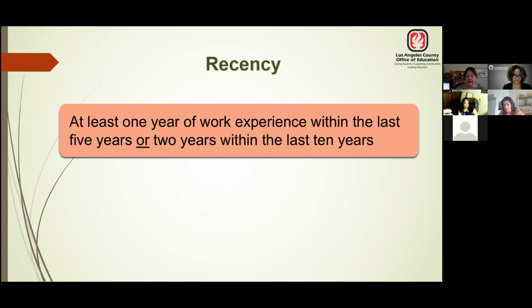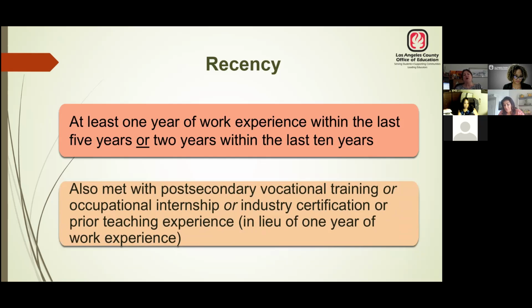So the other way we get around that is we look at what have they done recently then? If their work experience is older than 10 years, what have they done recently related to the industry? And that's where we can take an occupational internship, we can take post-secondary vocational training, we can take an industry certification to take care of that recency issue.